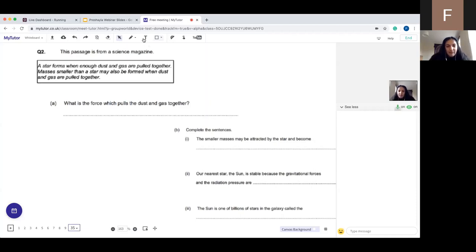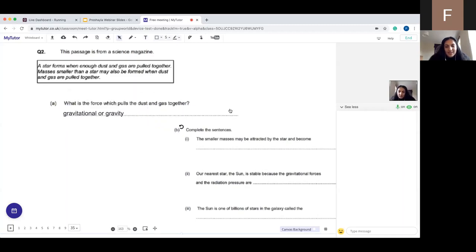That would be gravitational, or gravity is fine as well, not weight. Personally, I would prefer gravitational.